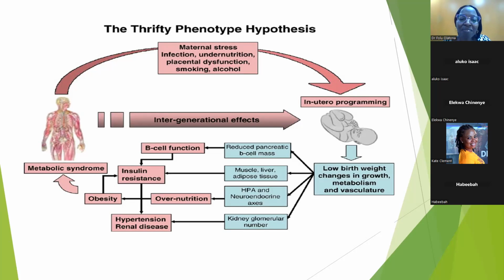The organ that is affected, as you can see in the diagram, will determine the non-communicable disease that will be experienced in later life. So if the problem was with the kidney, maybe it's the time that the kidney is developing that the mother has nutrition insults. So the kidney of that baby is not well developed, and that child is likely to have hypertension or renal disease in later life.